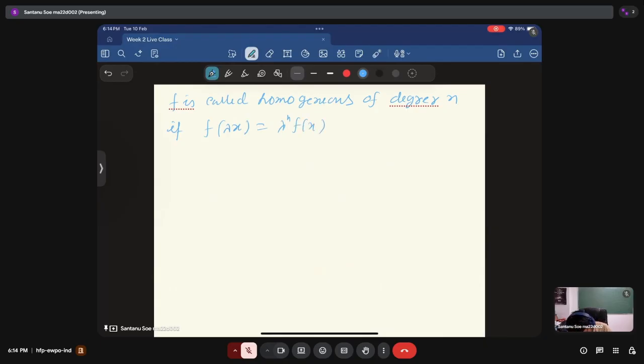Okay. So here x can be any vector, suppose (x1, ..., xm) in Rm.